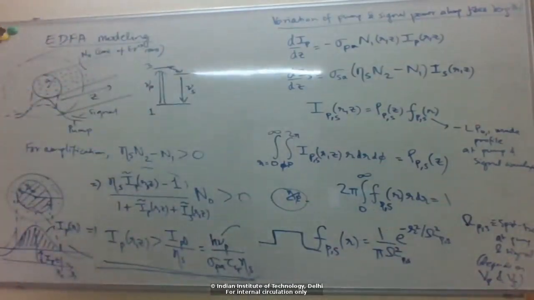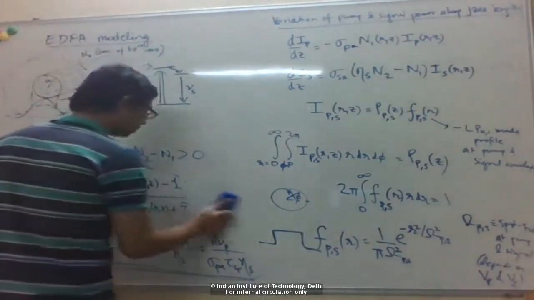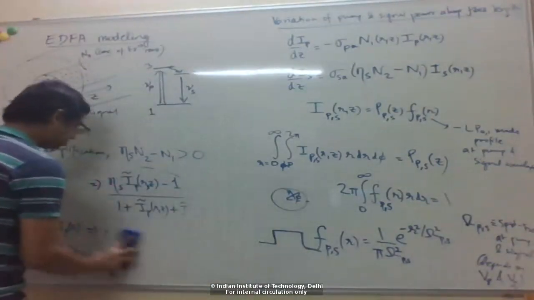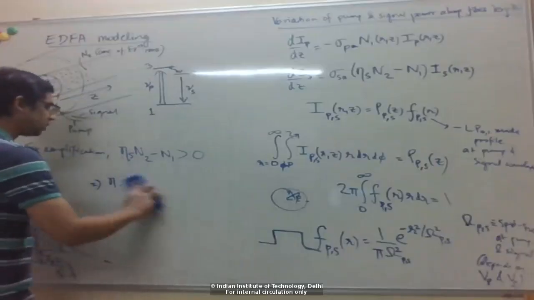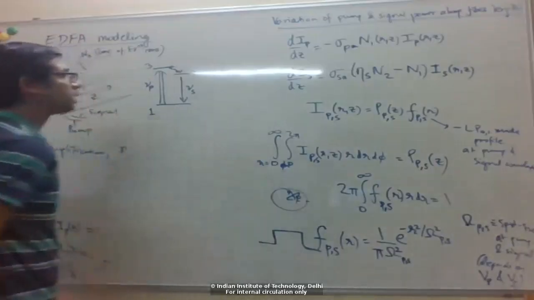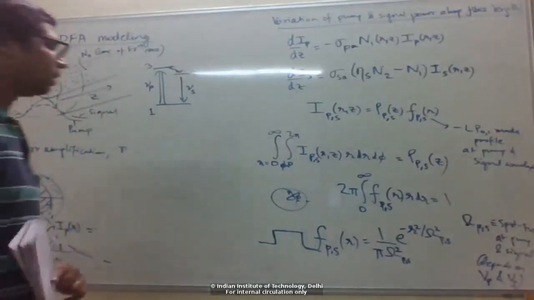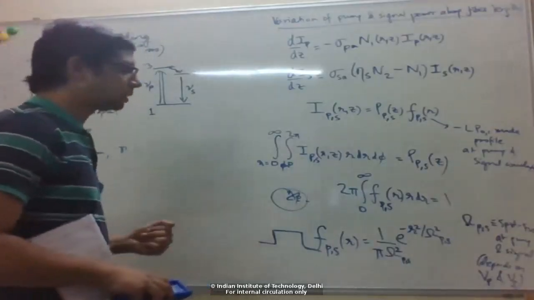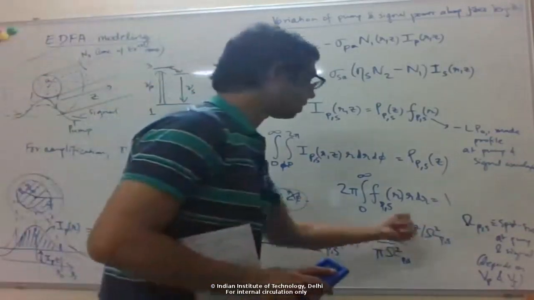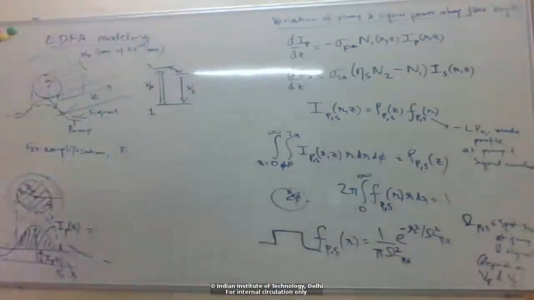Of course, this is a big approximation, but the qualitative features that you get are the same, like how the pump and signal power varies with wavelength. The main features you can still capture with this approximation. Of course, the exact numbers will be slightly different from the exact mode profile.